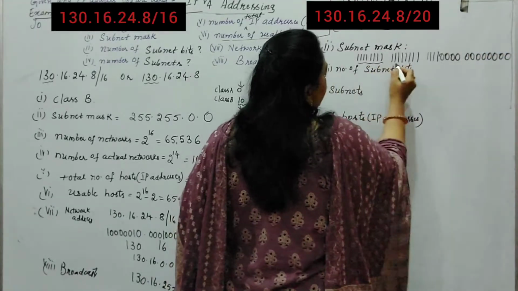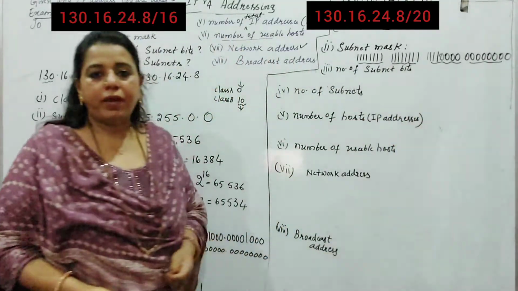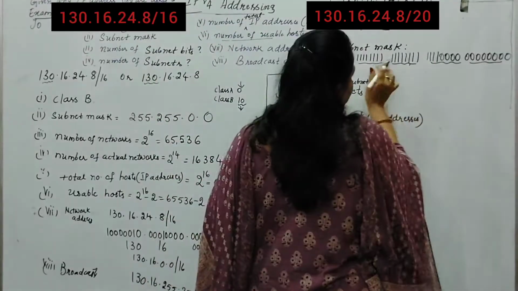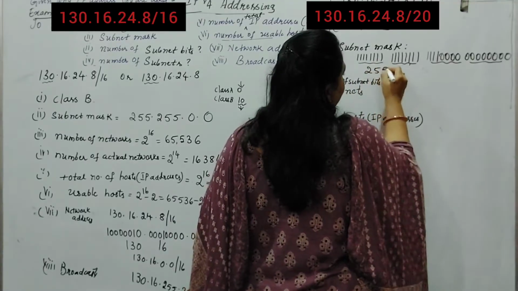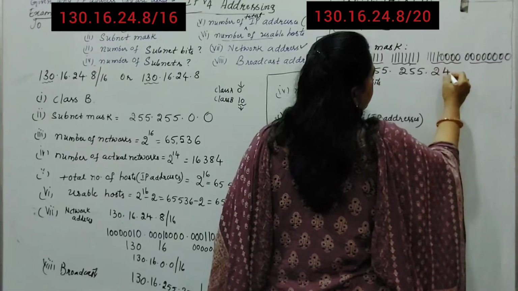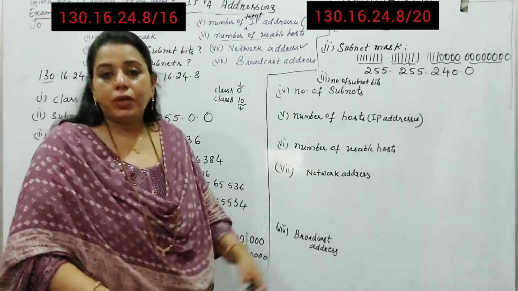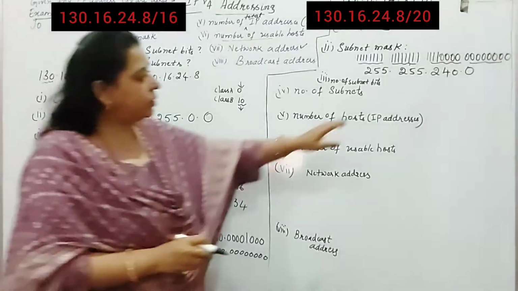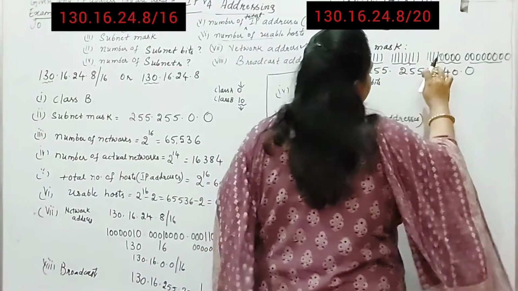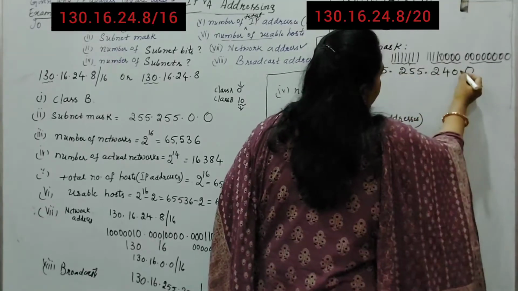So when you write the equivalent value, find out the equivalent decimal value for this. What is the equivalent value in this? This is 255.255 and the decimal value is 240 and this is 0. So in this case the subnet mask value is 255.255.240.0.